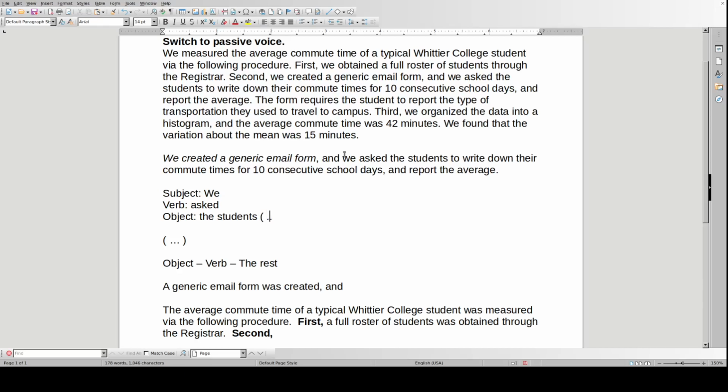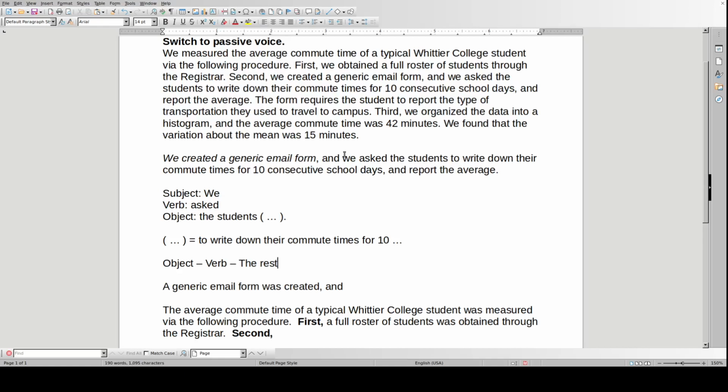And there is now a parenthetical rest of the sentence. What do we ask them to do? We ask them to write down their commute times for 10, you know, let's leave it like that so far.